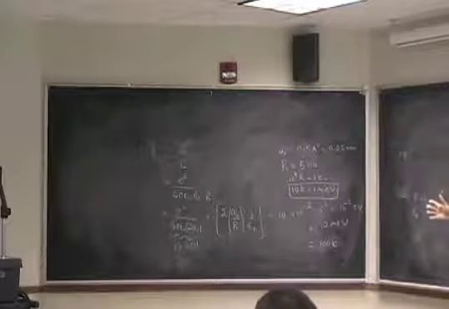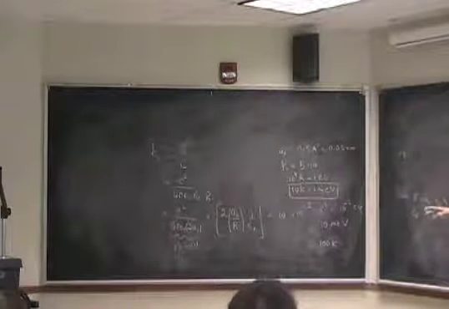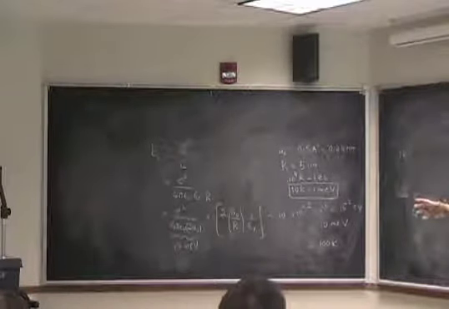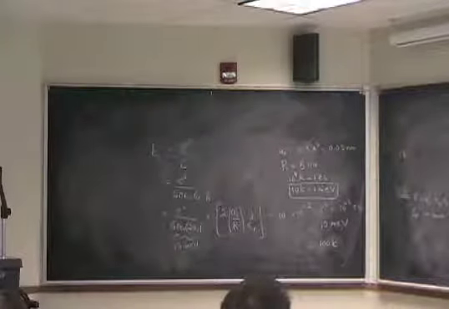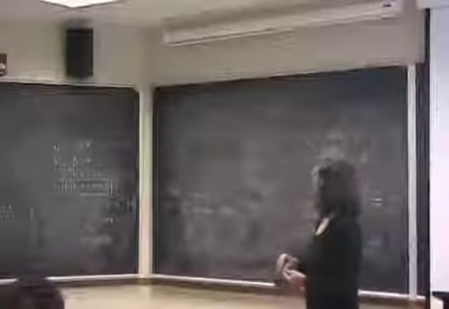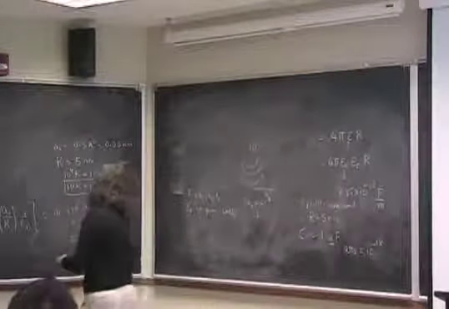I picked a very tiny dot. So if they are bigger, then your charging energy will be smaller, and then you have to go to lower temperatures. You want the charging energy to be high though, right? So that thermal activation is. Yeah, you want the charging energy to be higher than the temperature. So our charging energy is equivalent to this temperature.